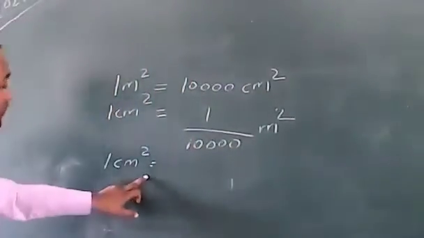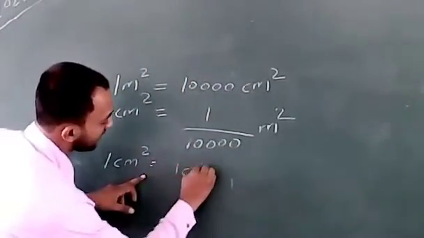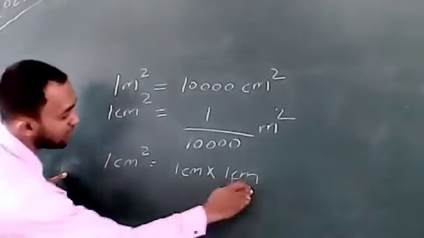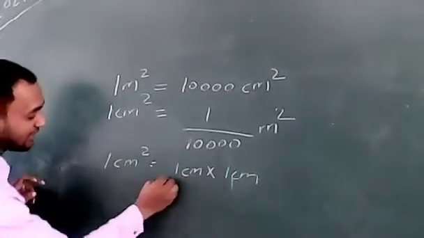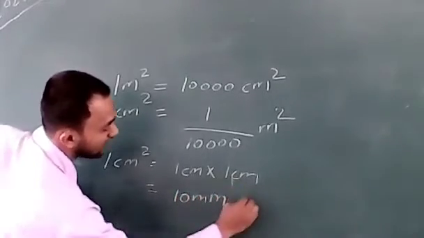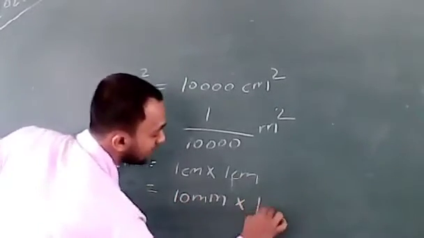So you can write 1 centimeter square equals 1 centimeter into 1 centimeter. And 1 centimeter is equal to 10 millimeter, and similarly the other 1 centimeter is 10 millimeter.